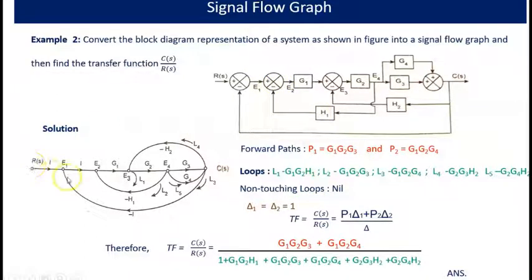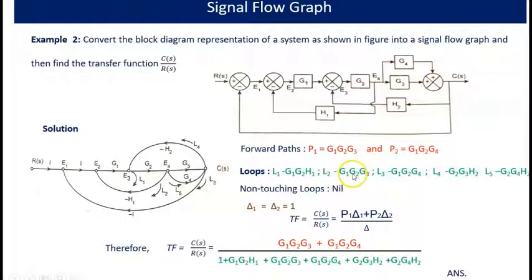Okay. Now the forward paths are G1, G2, G3 and another forward path G1, G2, G4. And the loops are: G1, G2, H1 with a minus sign. Another loop is G1, G2, G3, that is 1 into G1 into G2 into G3 into minus 1.